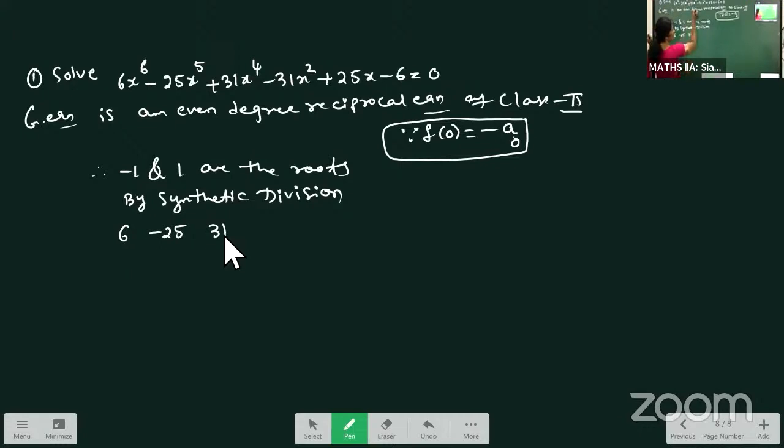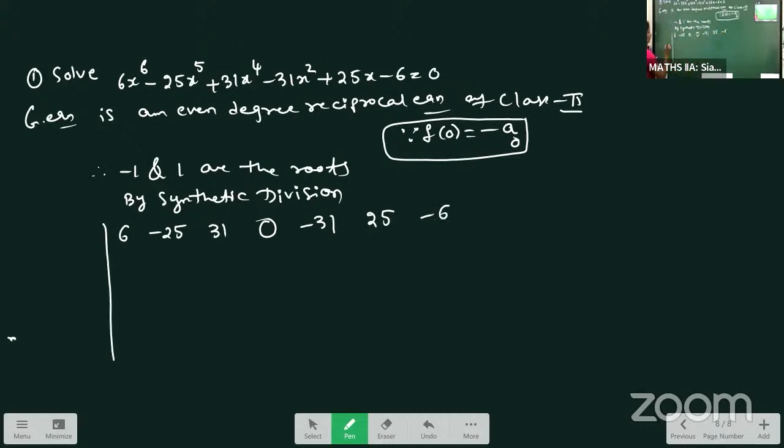After x power 4, what is there? X square. But it is supposed to be what? X cube. X cube term is missing. That missing term you have to take 0. If you take 0, then only the solution will come. Otherwise, the total question will go wrong. X cube coefficient is 0. Next, x square is minus 31 and x coefficient 25. Then constant is minus 6.